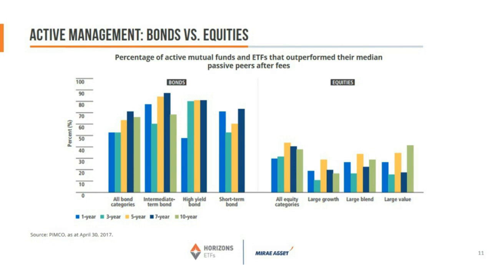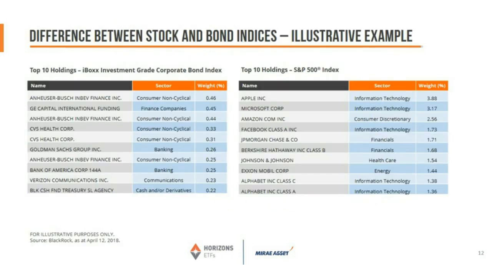I don't know that we're going to get into this slide. This is just from a weighting perspective, just so you understand quickly, traditionally how some bond indices weight their individual holdings relative to stocks.